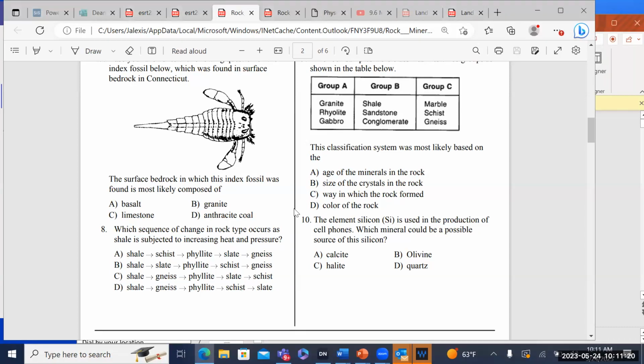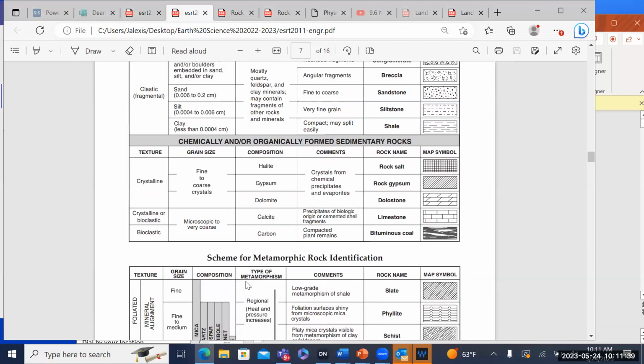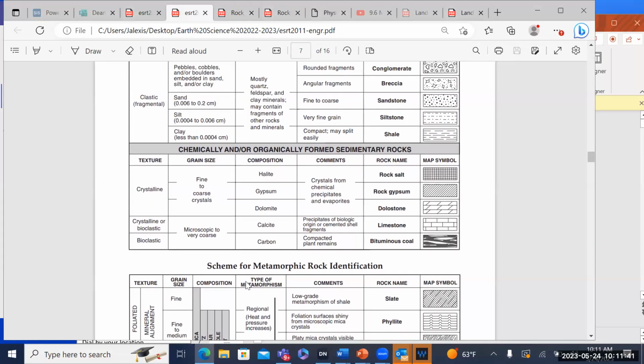Number 8 says, which sequence of change in rock types occurs as shale is subjected to increasing heat and pressure? When I'm taking a look, where is shale? I'm looking for shale, and we know that shale is a sedimentary rock.